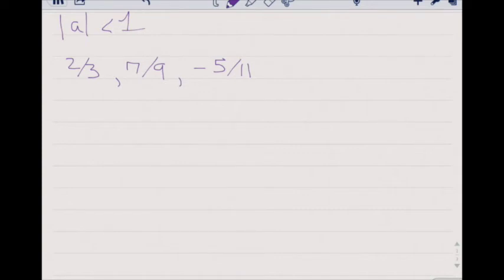We may also see a written as a decimal less than 1. So for instance, we might see 0.14, or we might see -0.76, or 0.999. All these cases would give me a situation that would make this statement true.